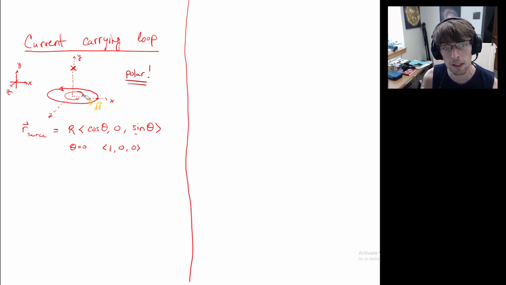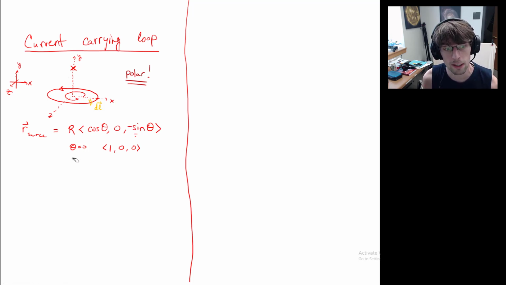Which means I don't actually have the situation that I've drawn. I'm not circulating this way. I am circulating the opposite way. This expression is having me go this way around the circle. I don't like that. I want to go in the direction that the current is flowing just to keep my mind straight. I want to go this way. So what I'm going to do is add in a negative sign.